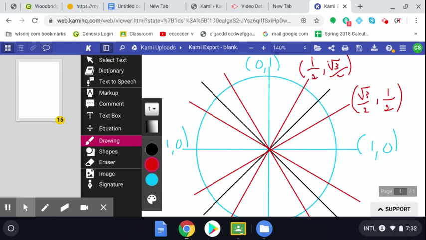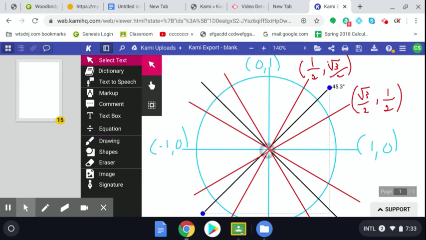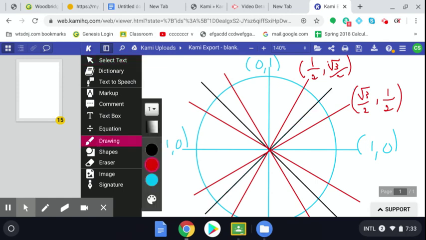Everything else is going to come from there. It's going to be the angle formed with the x-axis. So over here, this and this are going to form the same angle with the x-axis, which means they're going to have the same values for sine and cosine. So radical 3/2, comma 1/2.